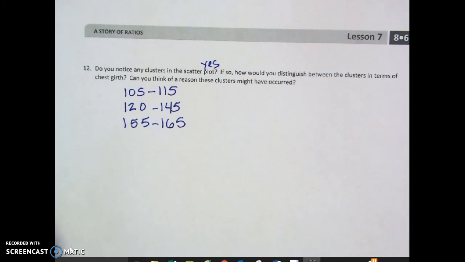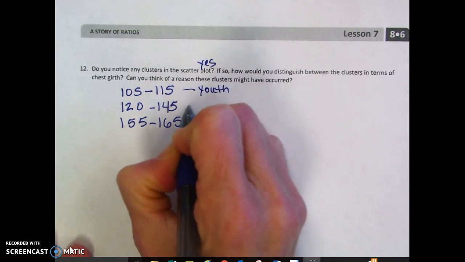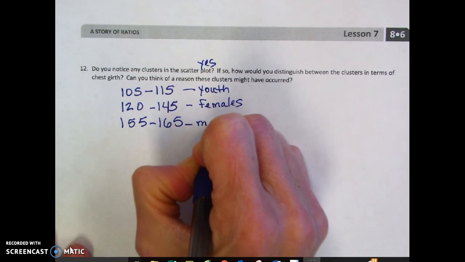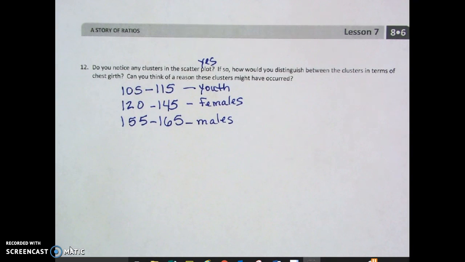Well, it's very likely that we have youth, maybe females and males. Without doing more research, I don't know for sure if that's what it is, but we could conclude that there's something like that. There's some reason why there's 3 distinct groups.